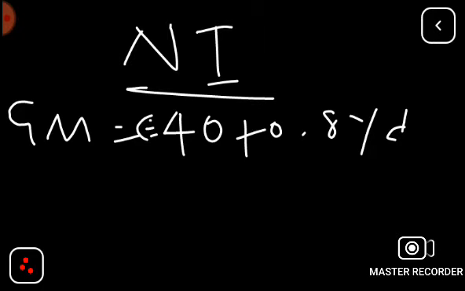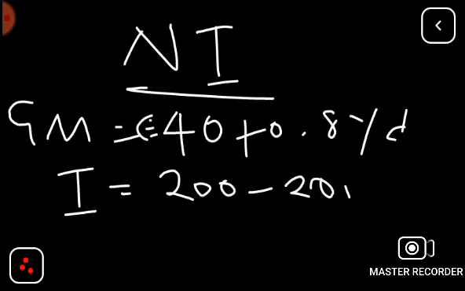And we are also saying that our I is equal to 200 minus 20R. What else do we have?